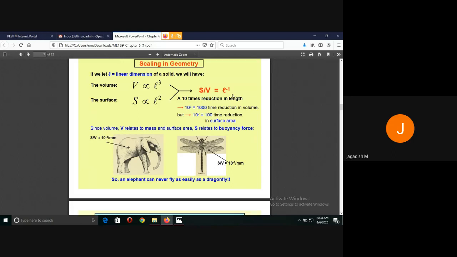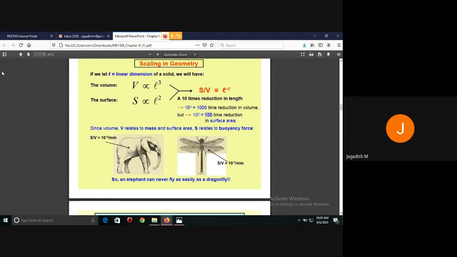Okay, so this is important. Now, how this rule will affect miniaturization, we'll see. Now there is a rule. What is that rule? Volume is proportional to L cube and surface is proportional to L squared. Say for example, I increase L by 10 times, then volume is increasing by L cube, that is 1000 times, and the surface is increasing by only 100 times.